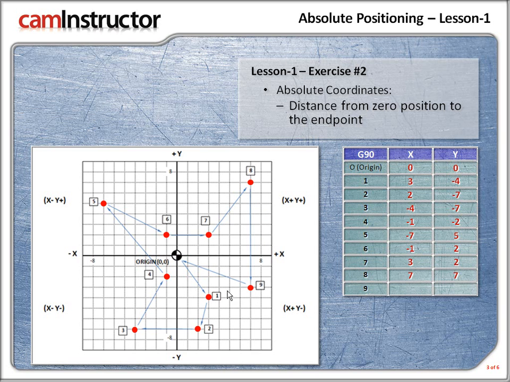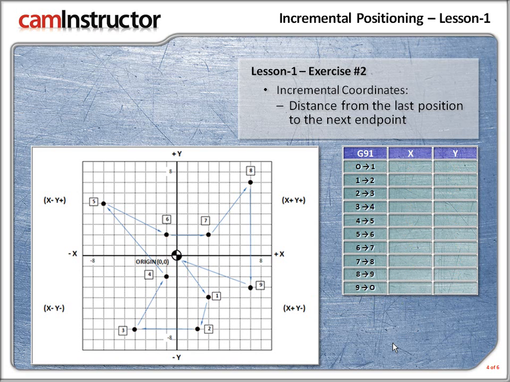So the x value is going to be a positive, and 1, 2, 3, 4, 5, 6, 7. So x is 7. Now the y is going to be a negative value. We're below the x-axis. So 1, 2, 3. And we've got a value of minus 3 in the y. So for position 9, x is 7 and y is minus 3.